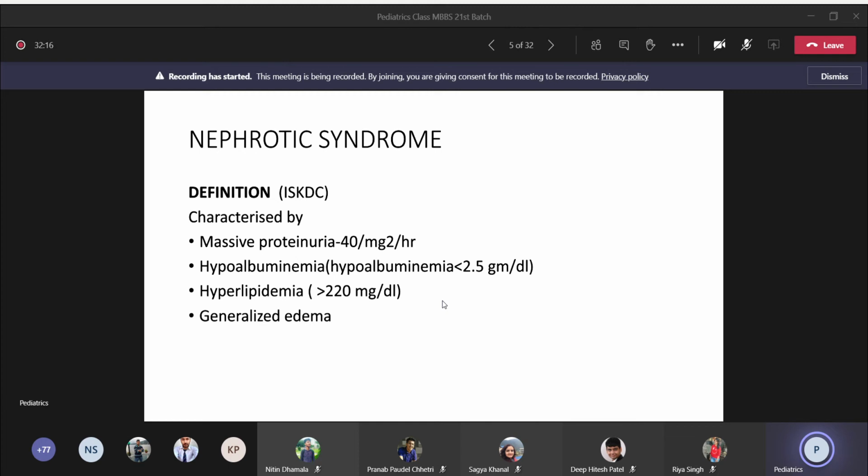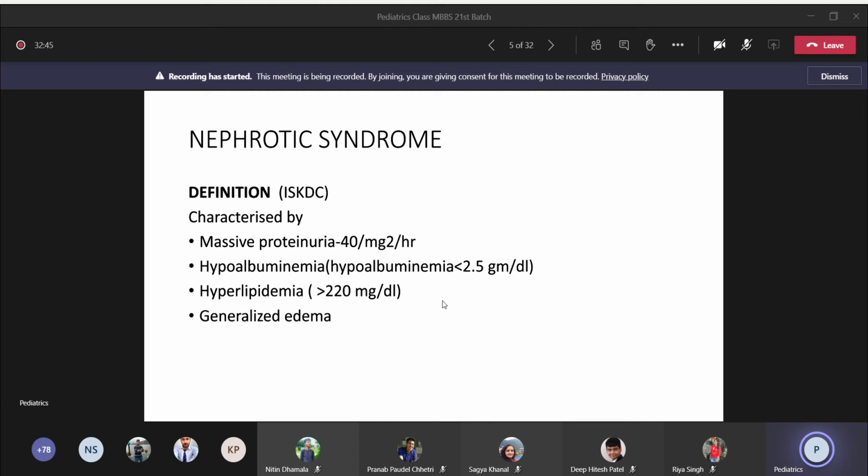Pores means if there is increased size of the endothelial pores, or in between the foot processes, then there is a loss of albumin. The third one is increased absorption. And the fourth one is release of platelet factors in the glomeruli. These are all the causes of massive proteinuria.